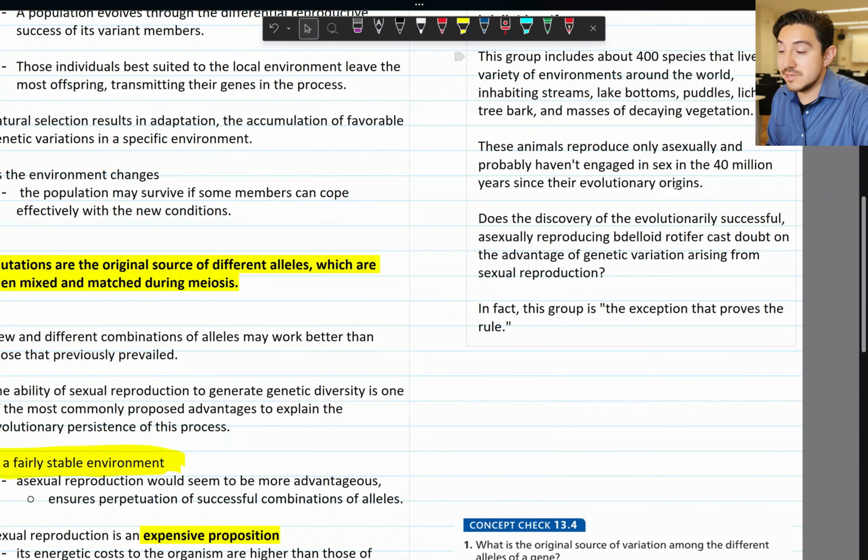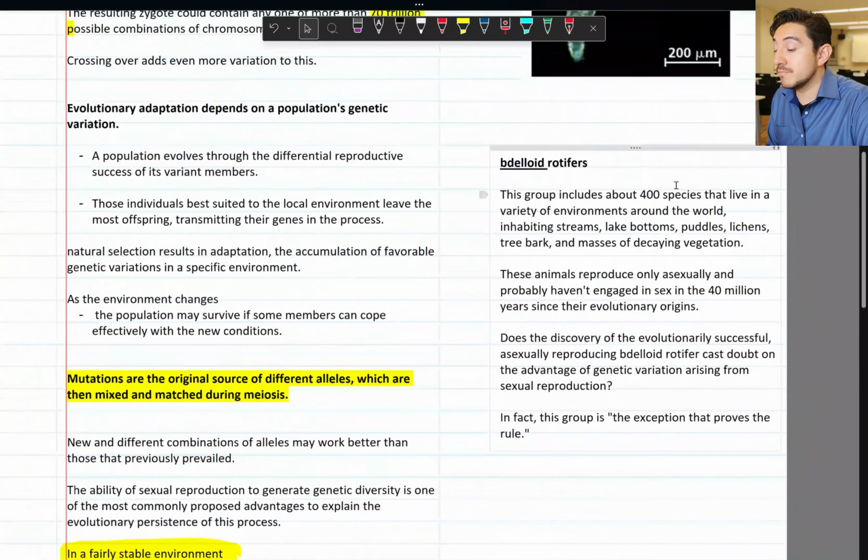Scientists have analyzed this, and they haven't engaged in sexual reproduction for 40 million years since their evolutionary origins. So that's quite interesting there.